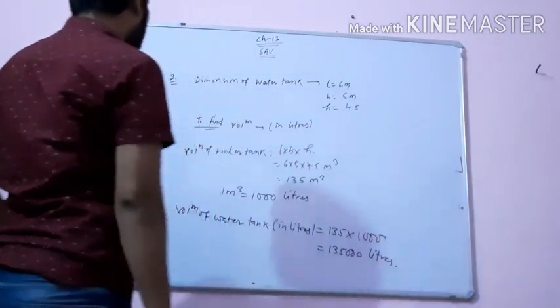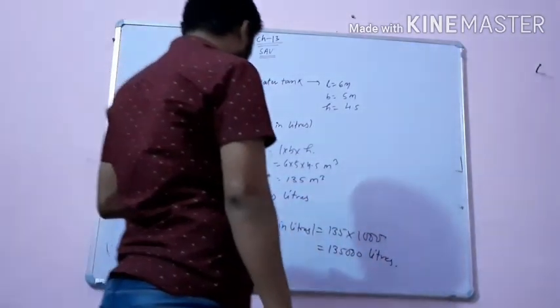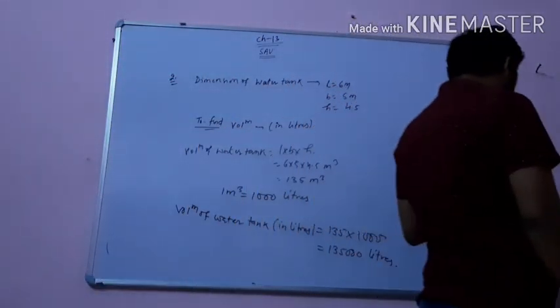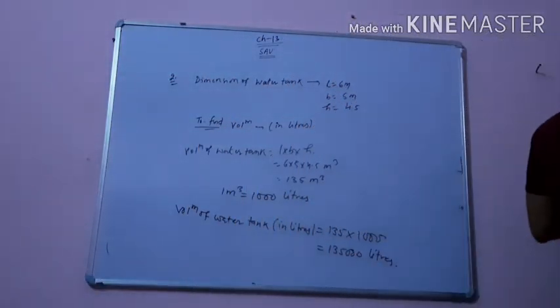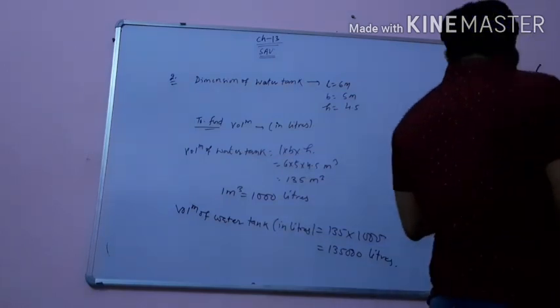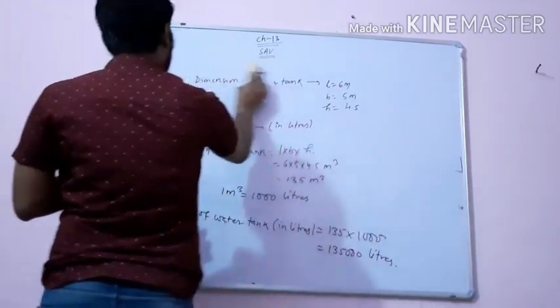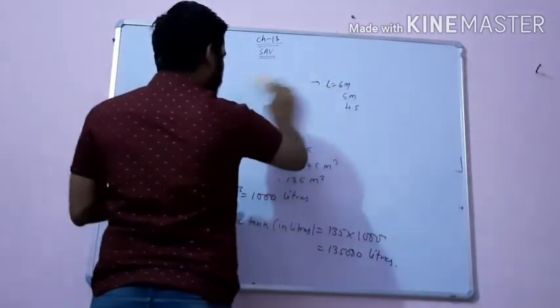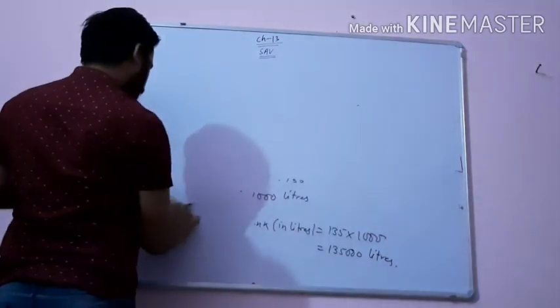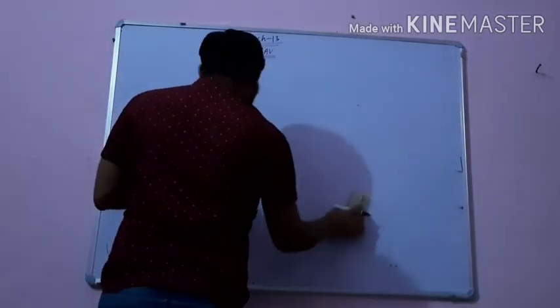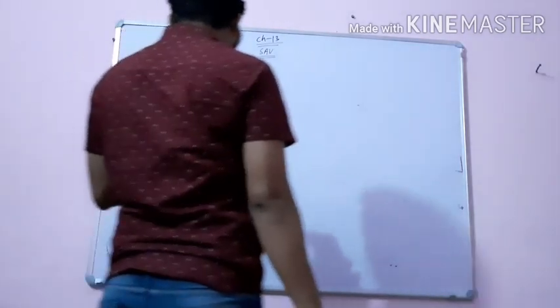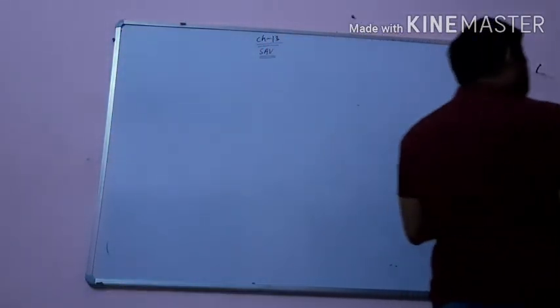Now I am discussing question number 3. In question number 3, it is given that a cuboidal vessel is 10 meter long and 8 meter wide.